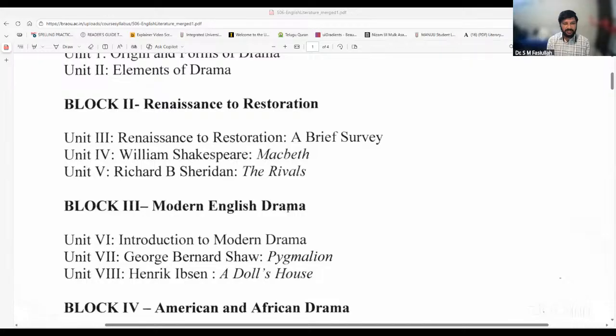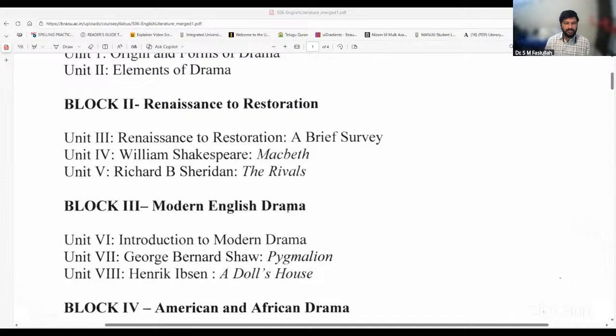So this Richard Sheridan's play, The Rivals, belongs to the Restoration period. And in our study, we will also understand how this play represents restoration. What are those characteristics? What are those values which are typical of a restoration period? That Sheridan tried to represent or tried to show through his drama, The Rivals.